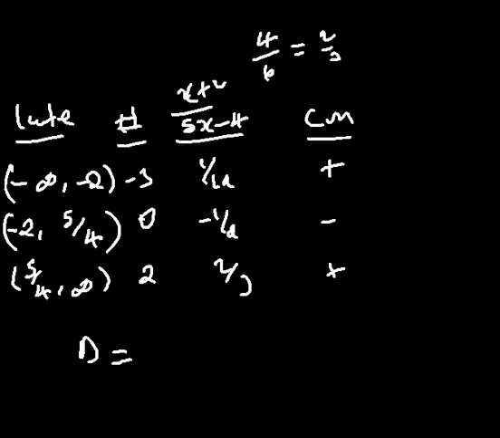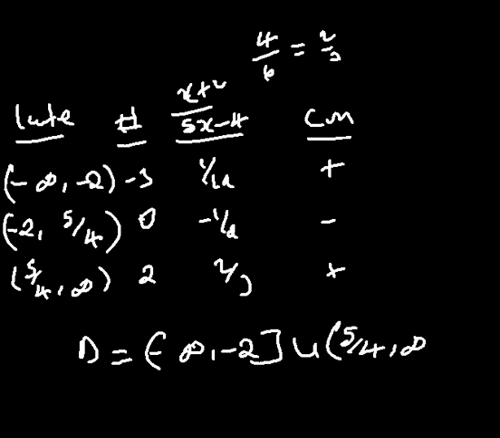Hence, that one should not be part of the interval despite satisfying the condition. So keep that in mind. Therefore, the domain is given as negative infinity to negative 2, part of the interval since it has been solved from the numerator, and the union with 5 over 4 not part of the interval. So this is the domain of the function.